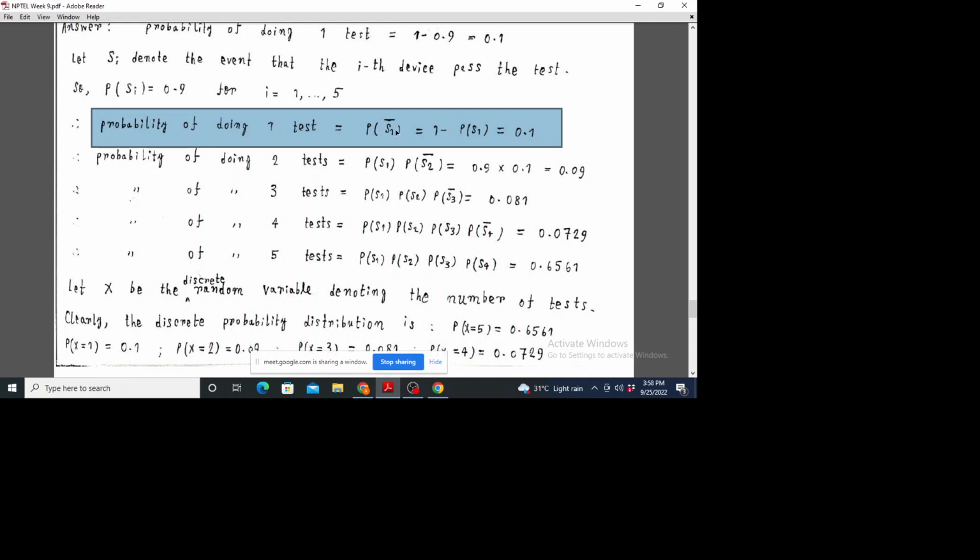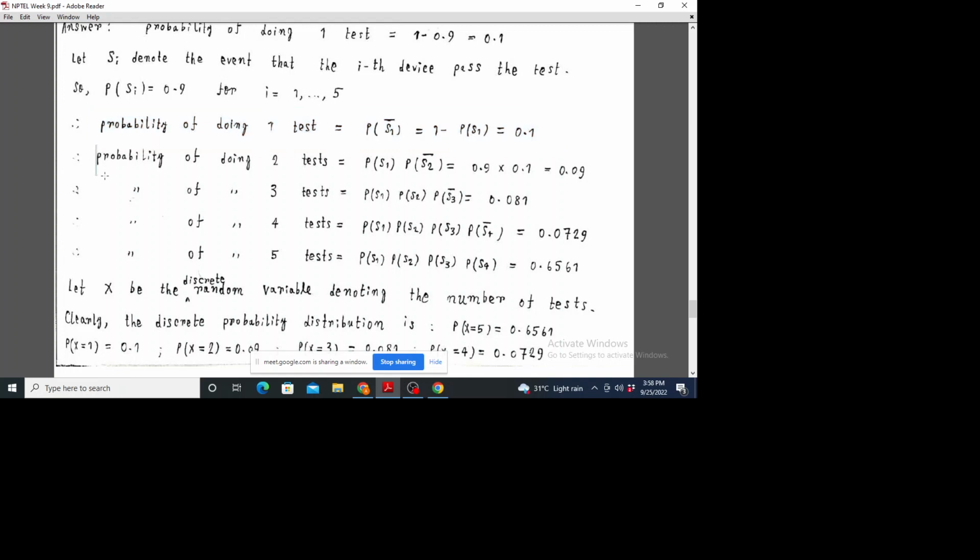That means S1 complement: the first device failed the test, and the probability of it is 0.1. When this happens, we do not perform any further test. So the probability of doing one test is 0.1.